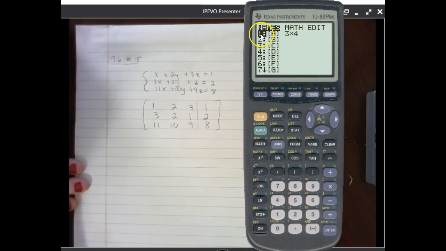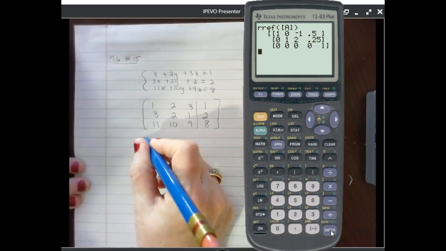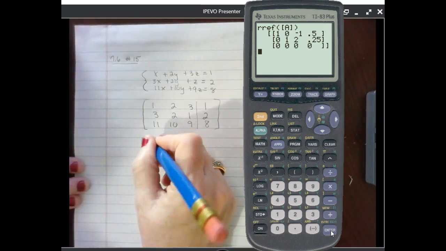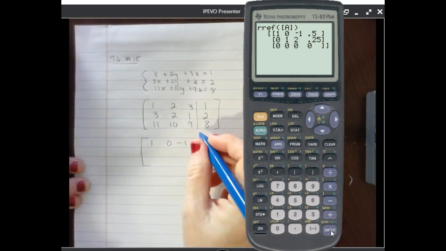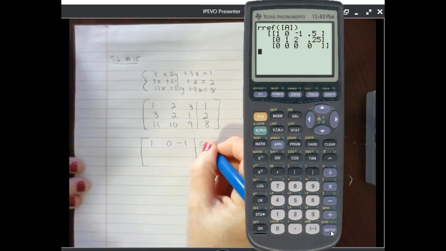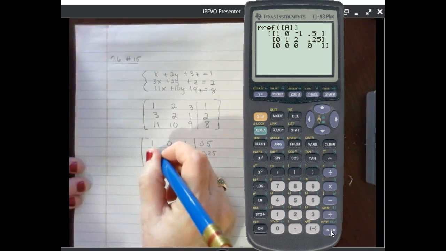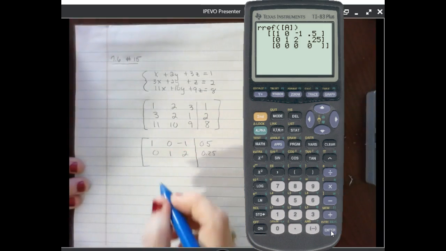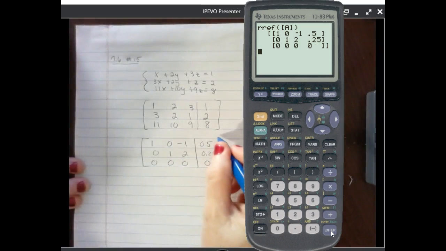This time I'm going to leave it right there because that's the matrix I want. Enter, and you can see matrix A. I close my parenthesis and then enter, and it gives us an answer. So I'm going to write down what we got, and then we're going to see if we can interpret this reduced row echelon matrix: 1, 0, -1, 0.5, 0, 1, 2, 0.25, and then 0, 0, 0, 0.